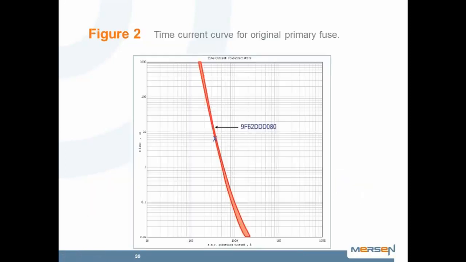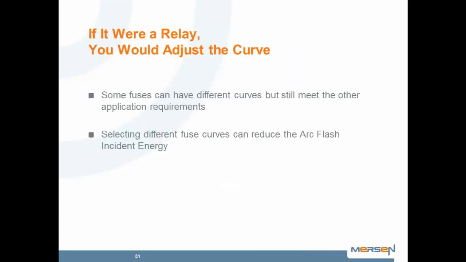Now this is the time current curve for the original primary fuse, and we have developed various fuse curves that still meet other application requirements, but are sized lower or have more inverse time characteristics that will reduce the arc flash.